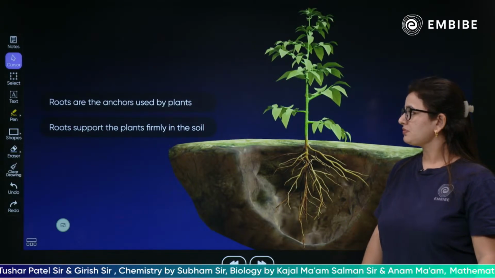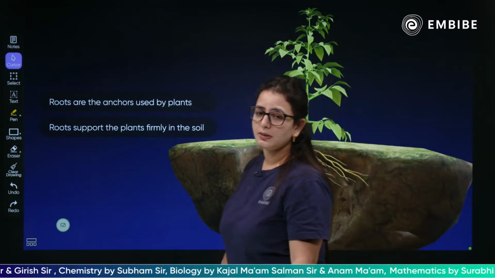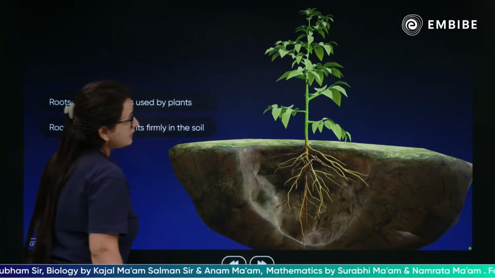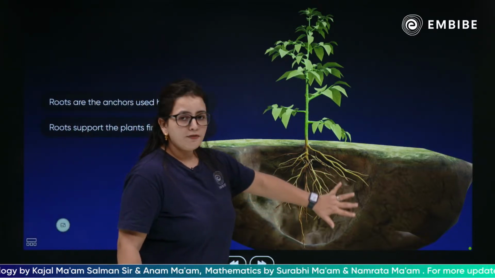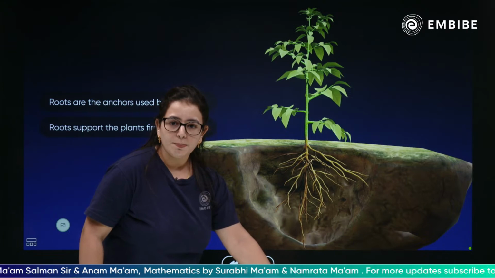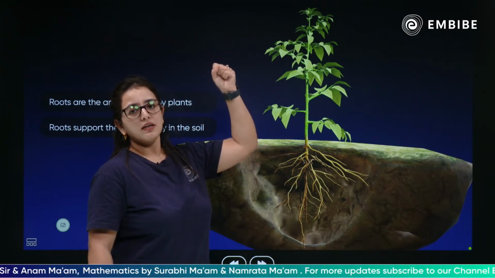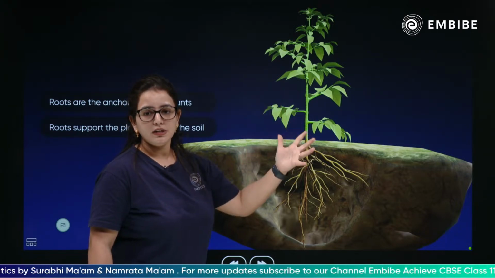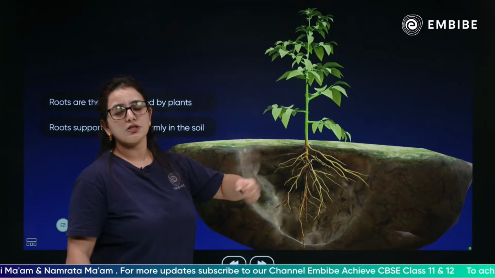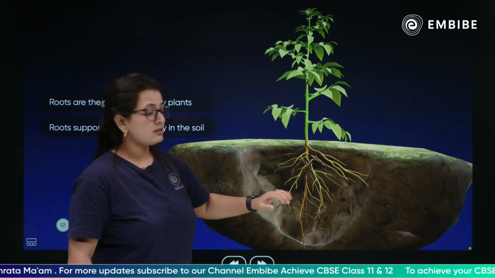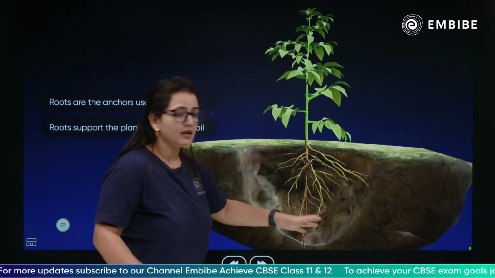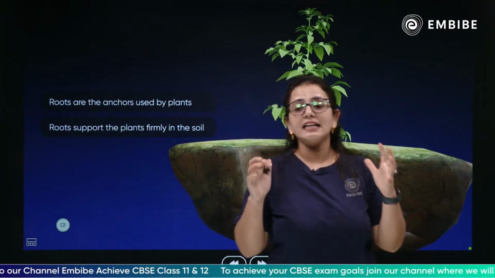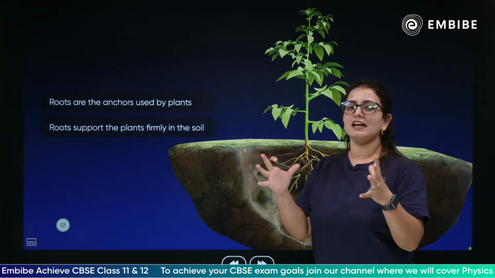Next we have: the roots are the anchors used by the plants. The root supports the plant firmly in the soil. Can you see this? Children, if you ever want to take a plant out of the soil, you will see that it requires a lot of effort and a lot of digging, because the plant has, as we say in Hindi, jakad liya hai.